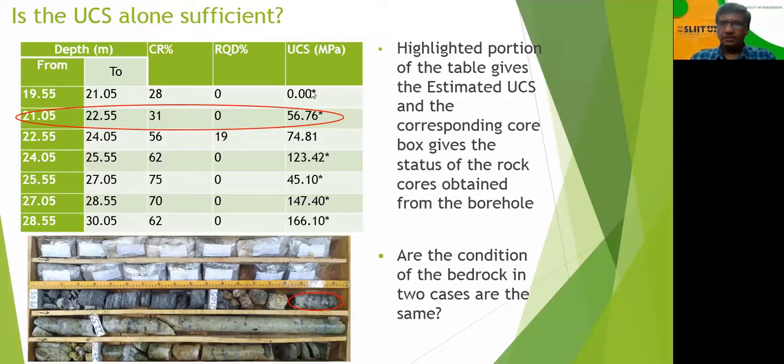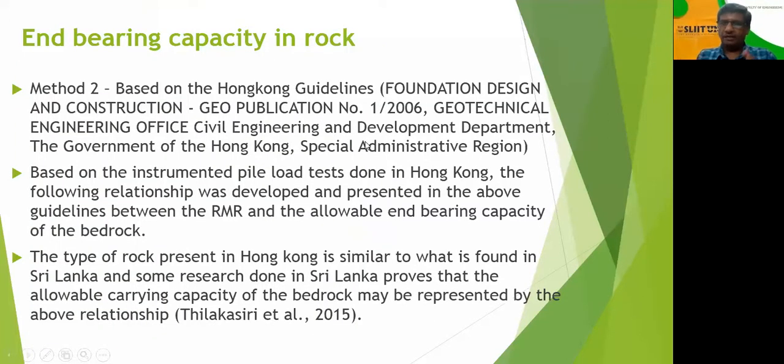Now, so based on this, if you are using the Hong Kong guidelines, they determine based on some testing done. They say that the allowable end bearing capacity can be much higher, from the testing.